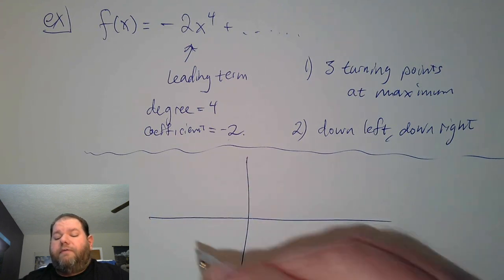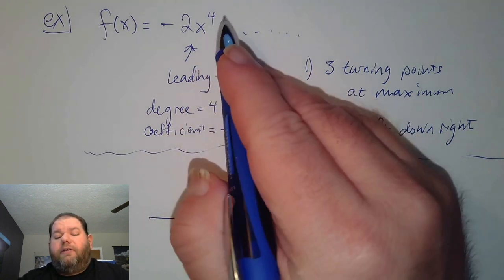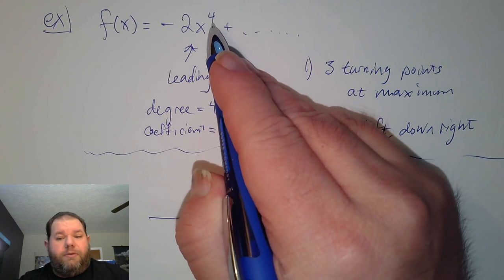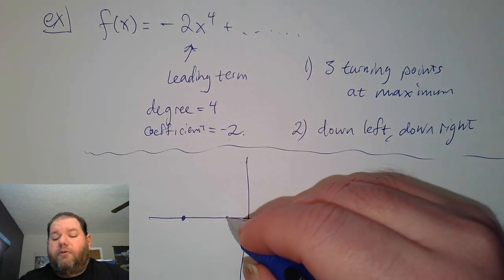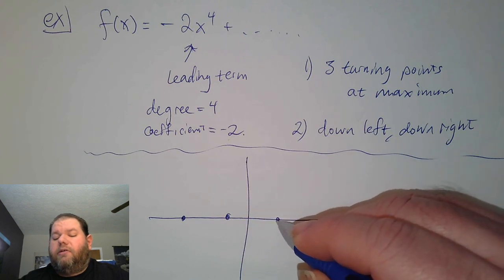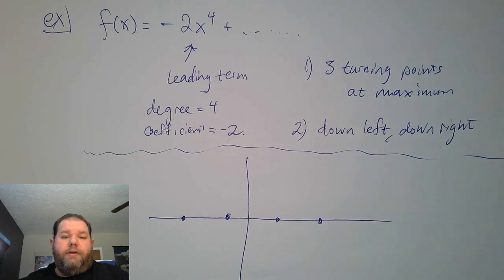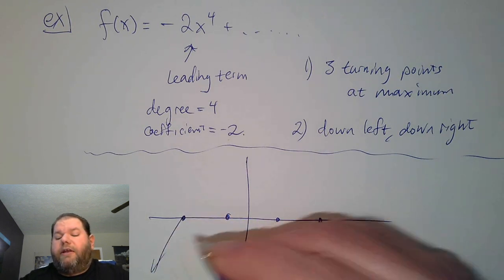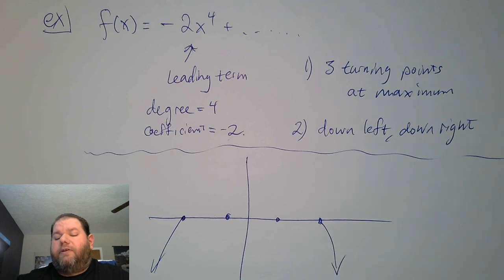But if we have x-intercepts, it's fourth degree, so there should be 4 x-intercepts total. Some of them may be repeated, but let's say there's 4 unique x-intercepts. That means it will be down to the left and down to the right as it continues beyond where our x-intercepts are.